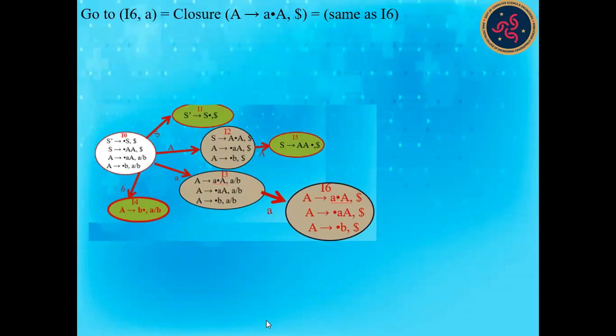If I am getting a symbol A at this state, it may go to the same state. A dot A, right? At I6, if I am scanning a terminal symbol A, again it goes to this state. The look ahead is also the same. Here it is dollar symbol, here also it is dollar symbol. So I can say that it is going to the same state. When I get an input symbol A, it will go to the same state, I6 itself.